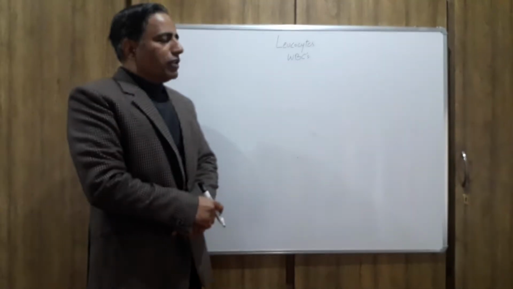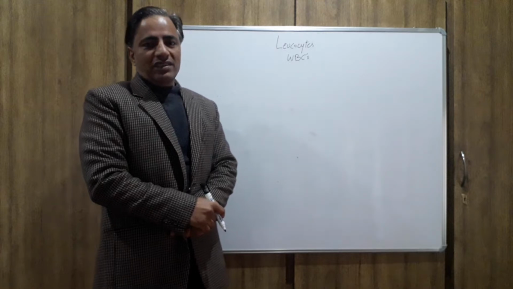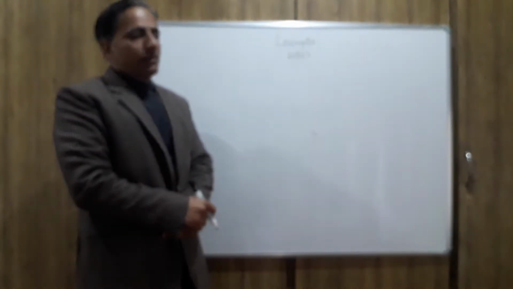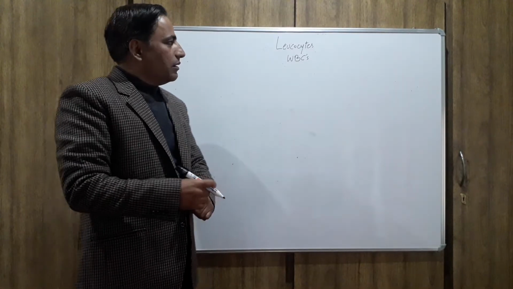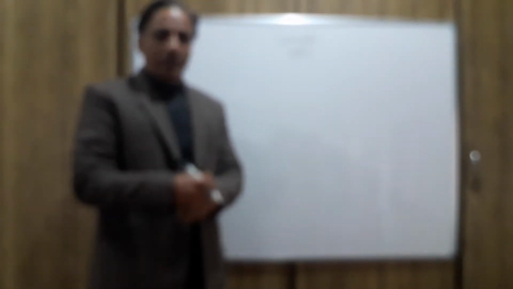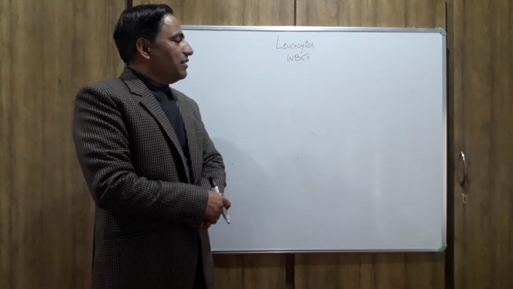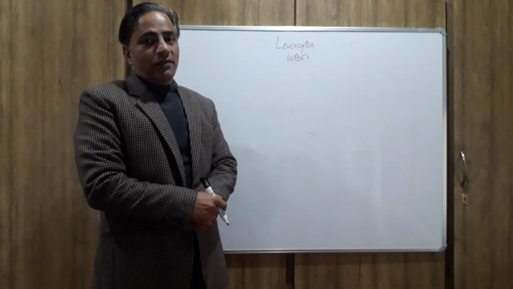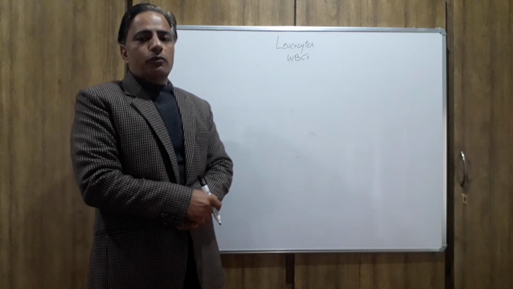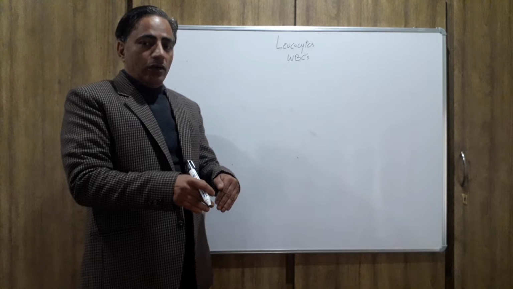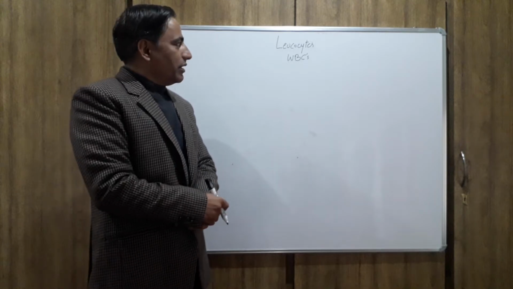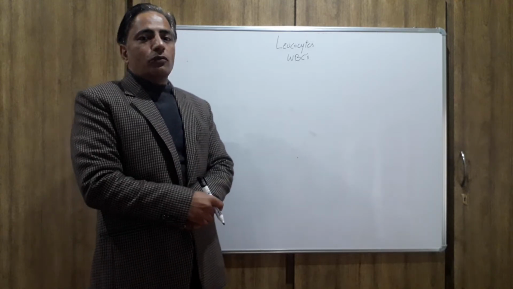Now, on the basis of the granules, you can understand granules as particles. They are actually the secretory vesicles present within the cytoplasm of certain types of leukocytes. On the basis of these particles, the leukocytes are of two types.